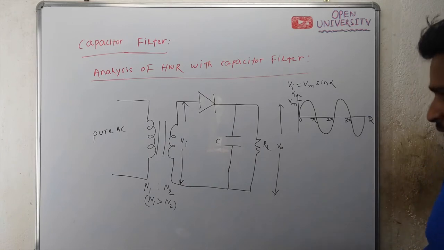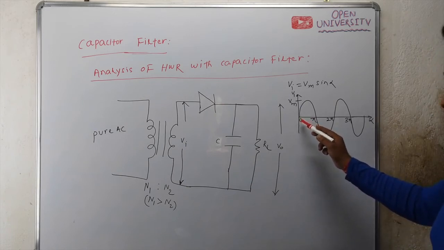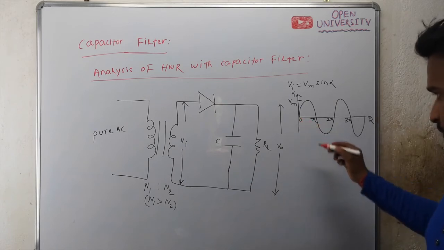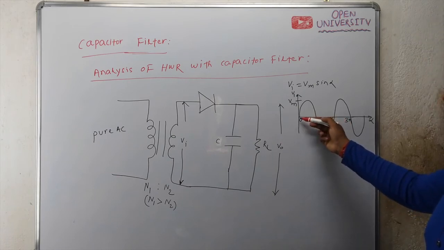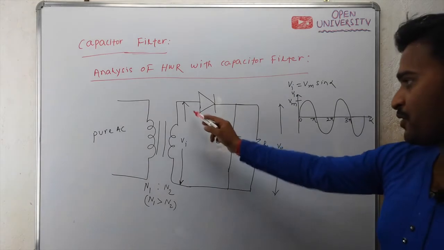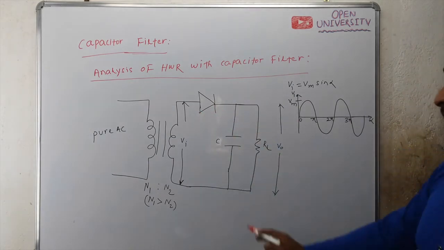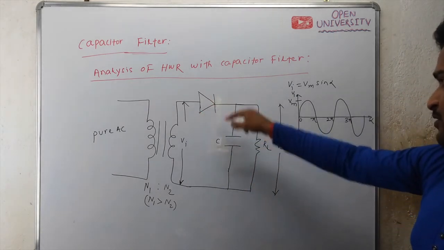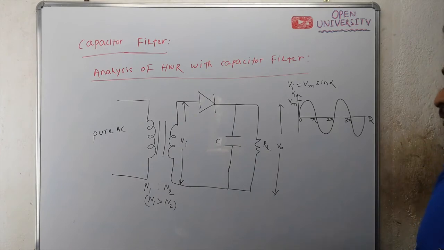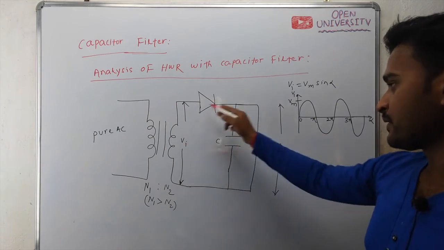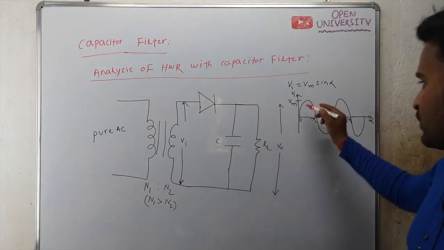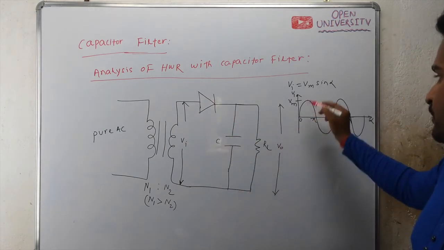Now what will happen? When input voltage Vi is positive, the diode will be forward biased and short circuited. Then the capacitor will charge through the diode up to the maximum voltage Vm.